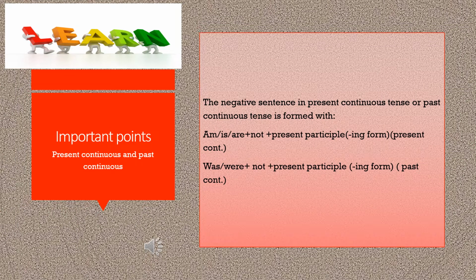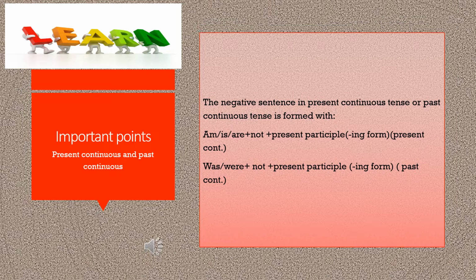Now we will know more about negative sentences in the present continuous tense or past continuous tense. The negative sentence in present continuous tense is formed with am, is, are, plus not, plus present participle in the ing form.